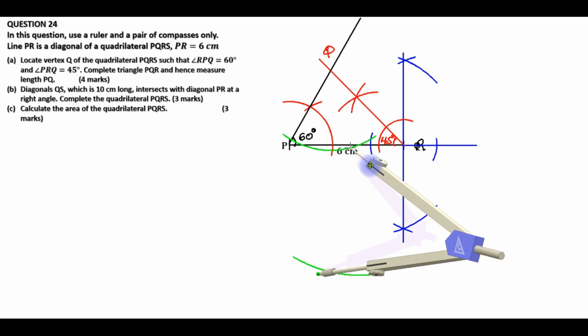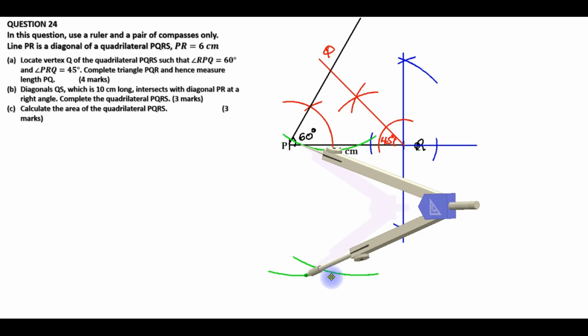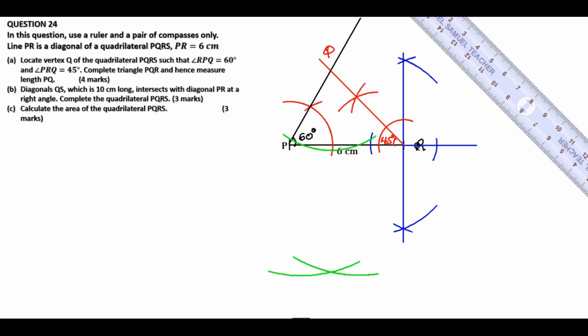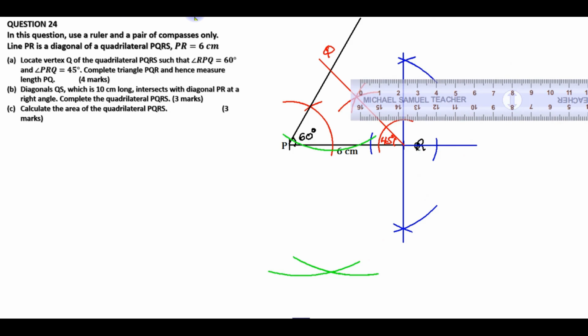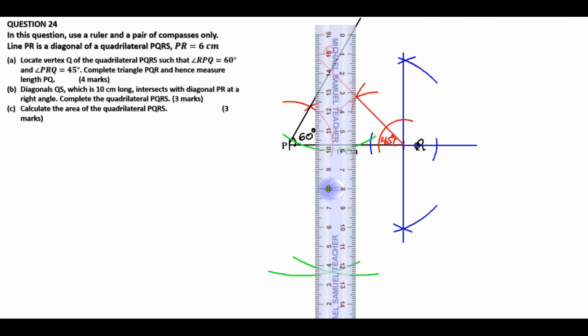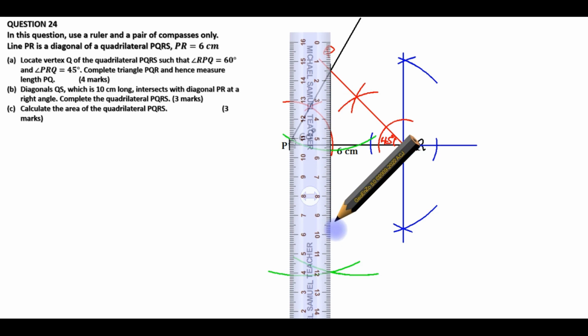Also, the other arc side, I use it as the center, and I draw the arc at that particular point. Then once I do that, I take a ruler and draw that line from Q downwards.